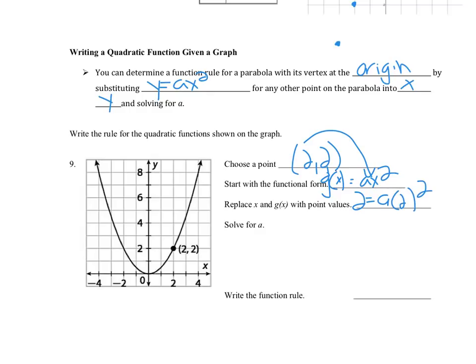And now we want to solve for a, so we get 2 equals 2 squared is 4, so we get 4a, divide by 4, and a equals 1/2. So then we get g of x equals a, which is 1/2, and then x squared.